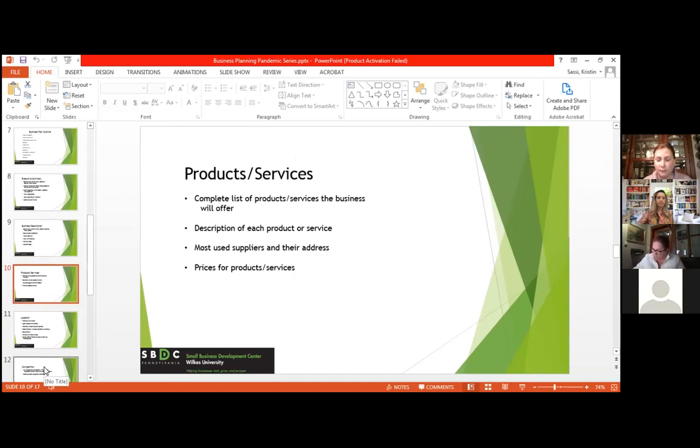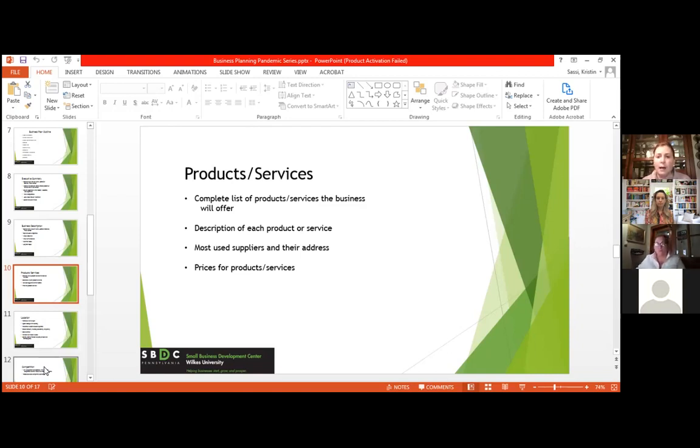And I know for some industries, this may seem crazy, and I always use this as an example. I had a client once, she was doing a hair salon, and she would put in her business plan, I'm going to cut hair. And I said, well, you need to kind of explain what ways you'll be cutting hair, the different things that you could do, layers, buzz cut, so on and so forth.